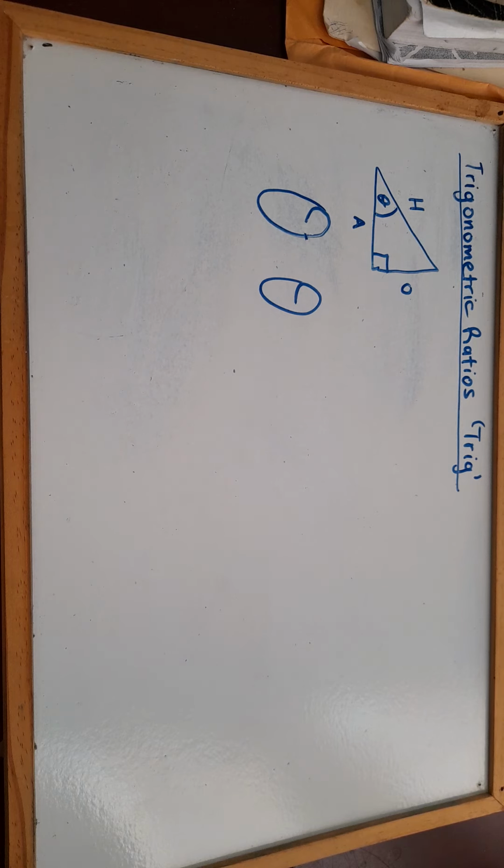Use trig ratios to find the magnitudes of angles, also the length of sides, right? So if you're given a question where there is a right angle triangle, and you notice only lengths of sides are given, and you're asked to find another side, you can use Pythagoras' theorem, right?